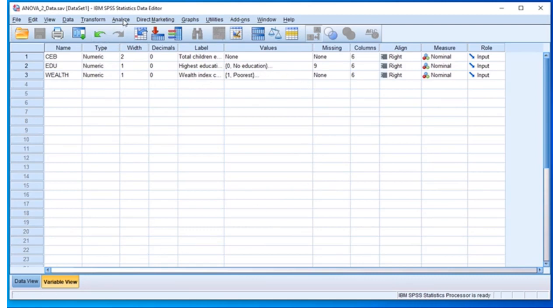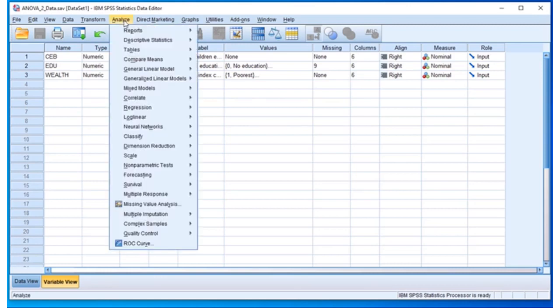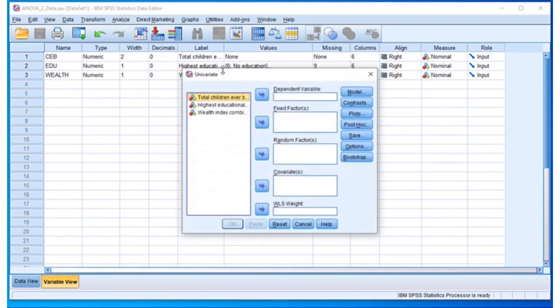Then for analyzing the two-way analysis of variance, go to Analyze, General Linear Model, Univariate, and click. Once you click it, since total children ever born is the dependent variable, you put it here, and then highest education is one factor, wealth index is another factor.